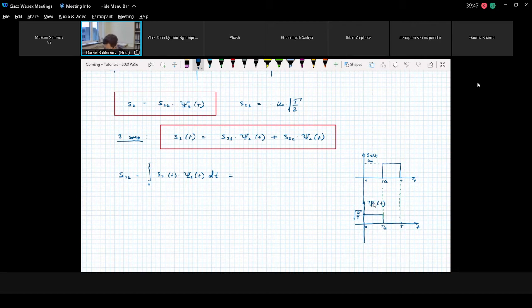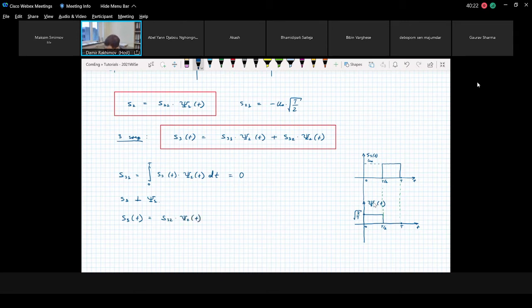It means that the third signal and the first basis function are orthogonal. And if they're orthogonal, our third signal is nothing else than a weighted version of a second basis function that we don't know yet.